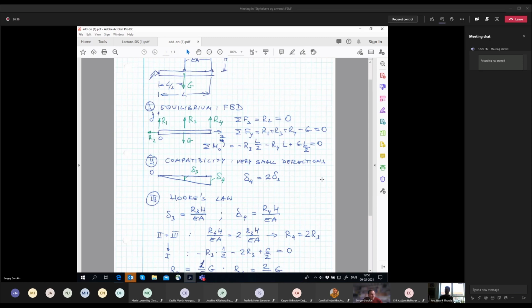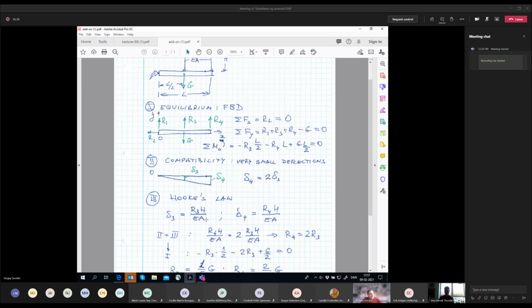And then this gives us what we need, because now we can count the equations. So we have this moment equation where we have R3 and R4. Then we introduce this equation, but at first glance it doesn't make our life easier because we introduce two unknown displacements. So now we have 4 unknowns and 2 equations.